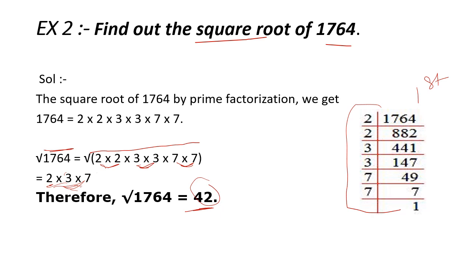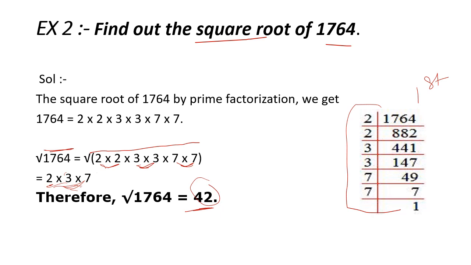Okay, while making the symbol like this, square root, it means you have to make a pair of two numbers by which that number is made out. Like for example, when I have to find out the square root of 4, I write down 2 into 2. But what is the real square root of 4? It is only 2. That means I am taking only one number out of those two numbers.